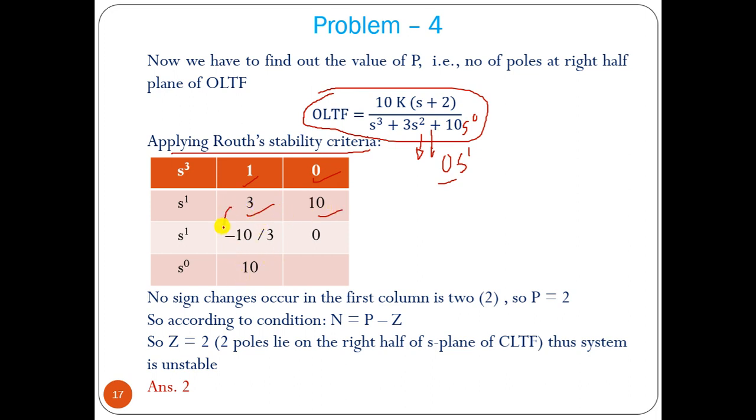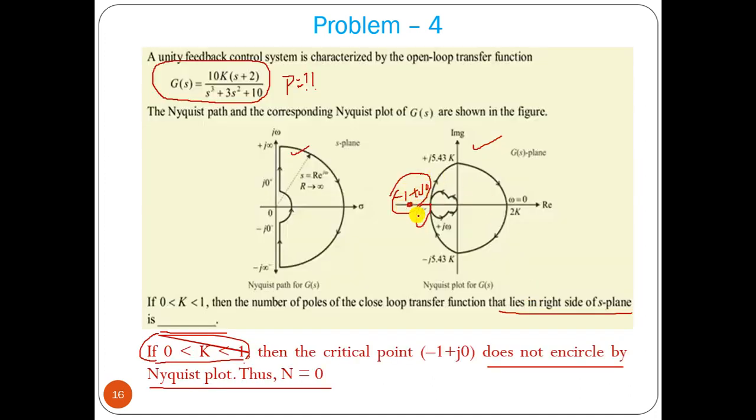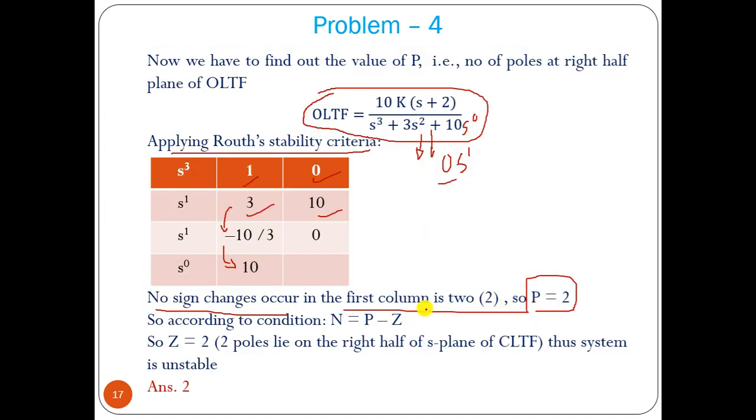So we have 2 sign changes. The number of sign changes in the first column is 2, so P equal to 2. The number of right half plane poles is 2. Two poles are there in the right half plane of this OLTF, and the encirclement is 0, but P equal to 2. So from the Nyquist stability criterion, if P equal to 2 and N equal to 0, then Z equal to 2.